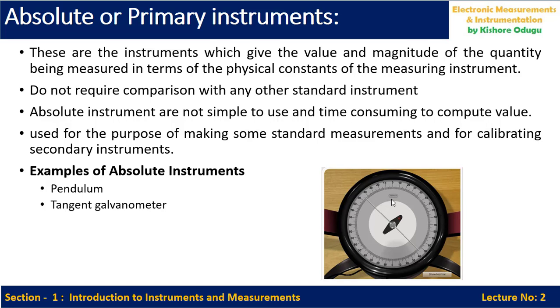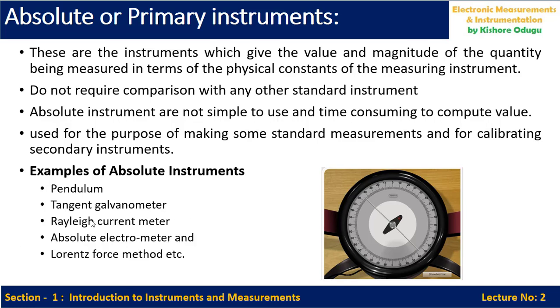These are standard devices. Absolutely they will measure accurate values, directly in amps. These are examples, and there are other meters like the Rayleigh current meter, absolute electrometers, and Lorentz force methods. These are all absolute instruments. Simply, in a nutshell, they measure the quantity in constants or standard units.